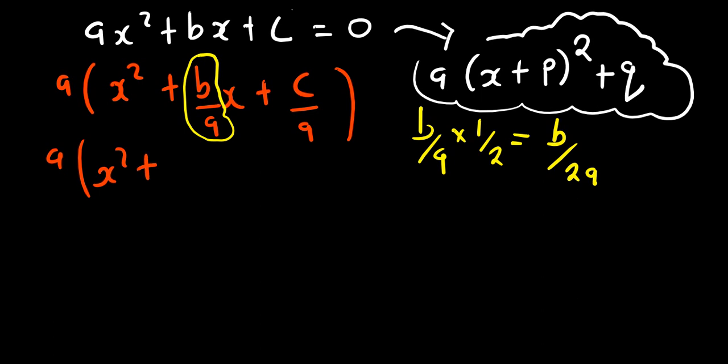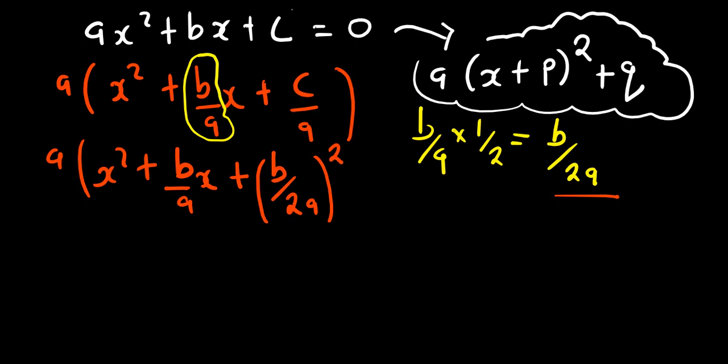Now you can write b over a x, plus this expression, but now you square it. So you have b over 2a, squared. We said you square it.